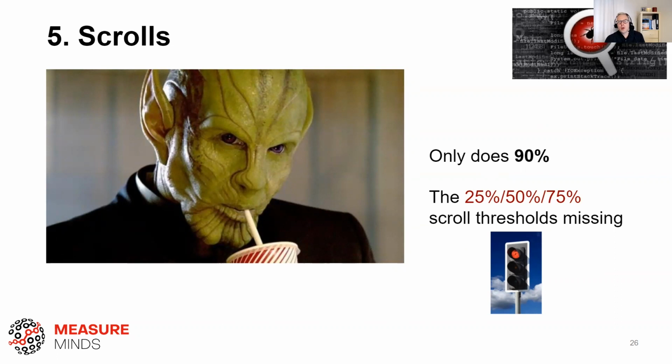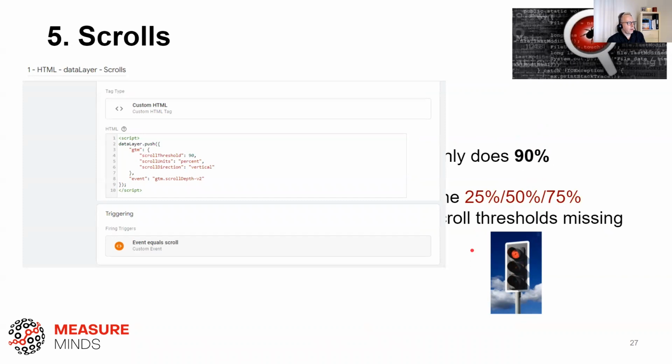However, if it's a very short site or a short blog or short form content, or you want to combine a scroll with like a 15 seconds delay or something, you don't have control over those scroll thresholds, which is not ideal. We normally also go for a 75% scroll when we set up GTM, where it's defaulted to 90, which is right at the end of the page, which is not great. So that one's kind of really a bit of a red because of the lack of control over that one.